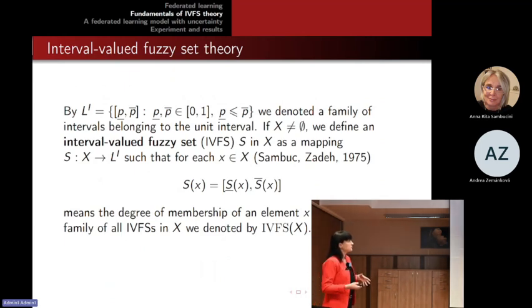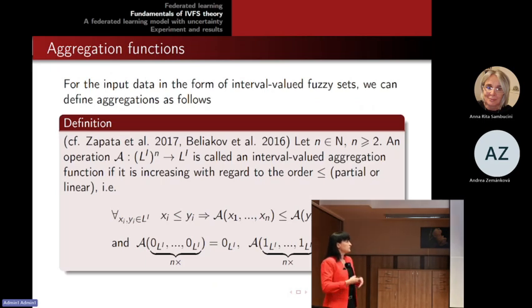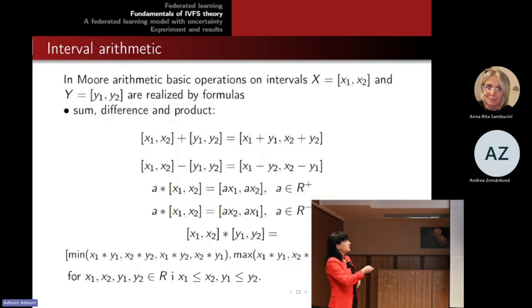Only a short recall: the interval valued fuzzy set is used for a good representation of uncertainty. Each attribute value is represented by an interval with two fuzzy values. For this structure of data, we can of course use interval valued fuzzy aggregation functions, which we know, and we also use in our models some operations of Moore arithmetic, sum and product especially, which we see here.